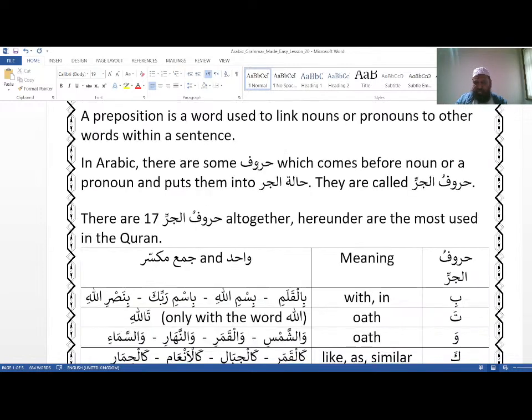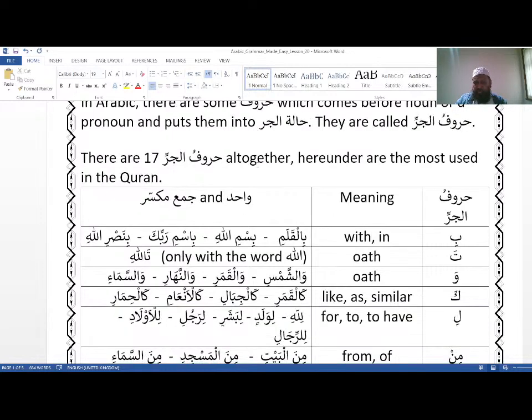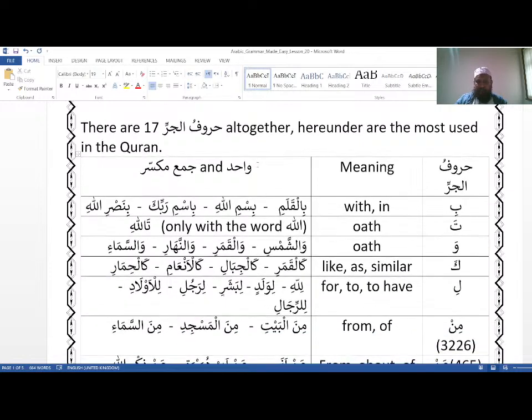On the right hand side, I have all the huruful jar, in the middle their meaning, and on the left, examples. Number one is ba, meaning with or in, like bil qalami. With the qalam, the harful jar ba is used, so the qalam is in halatul jar with the kasra.